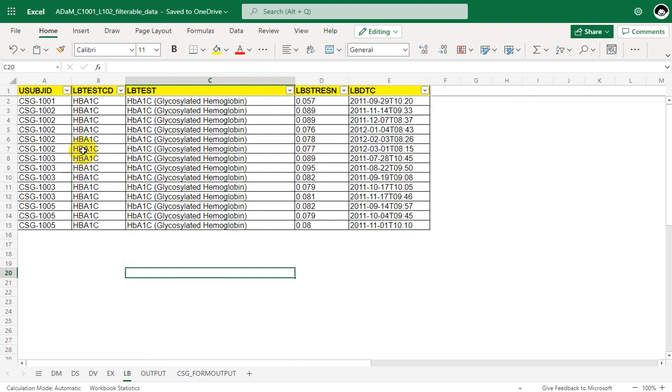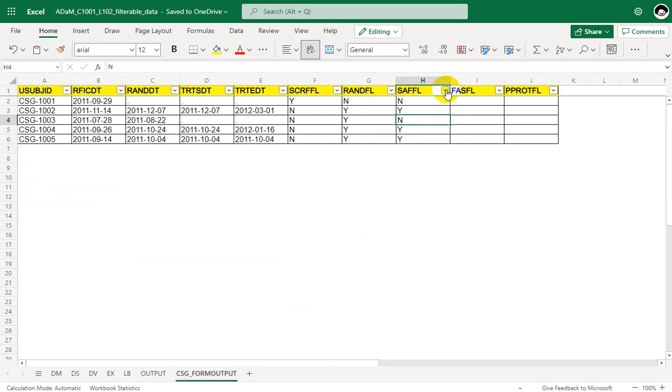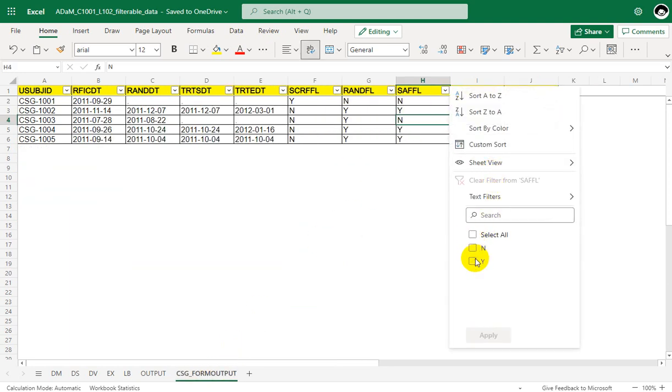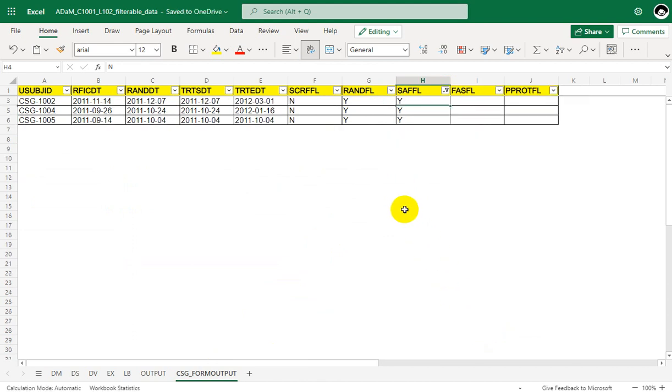Here we have some measurements related to HbA1c along with the date of collection. We need to check whether the subject is a safety subject first, so let us filter for safety subjects. Then we need to check if there is a record in LB for HbA1c after 7th December 2011 for subject 1002.